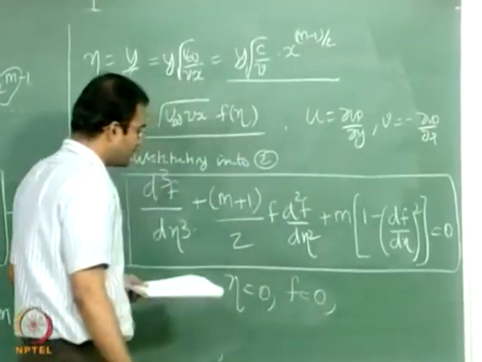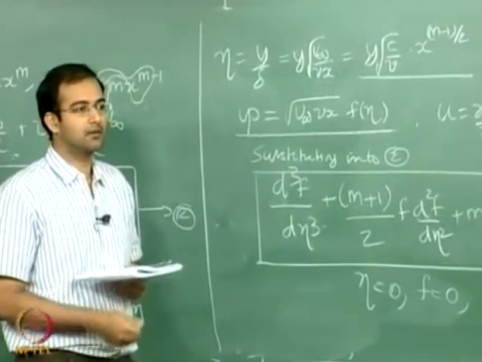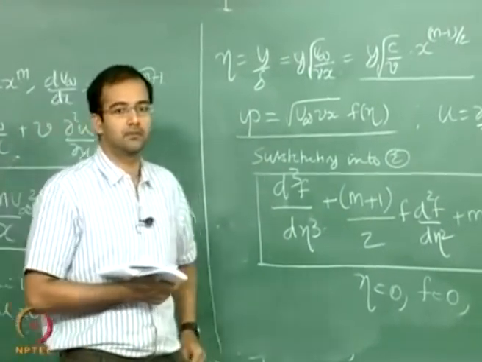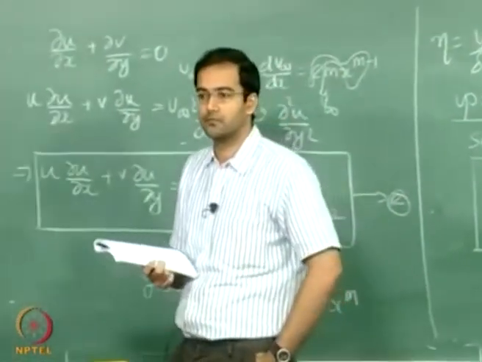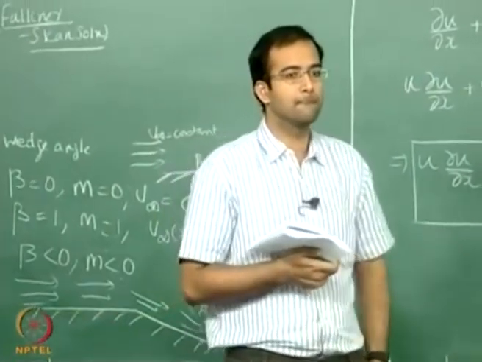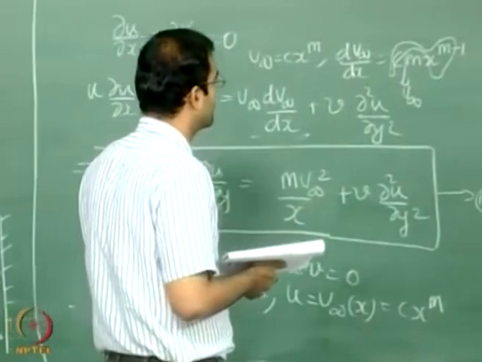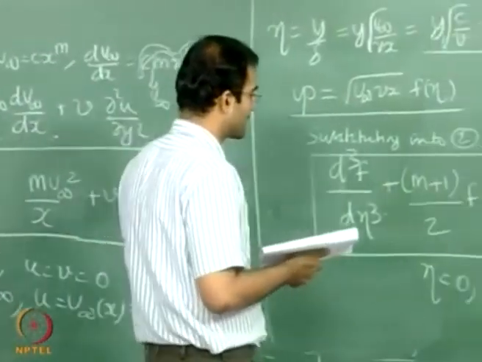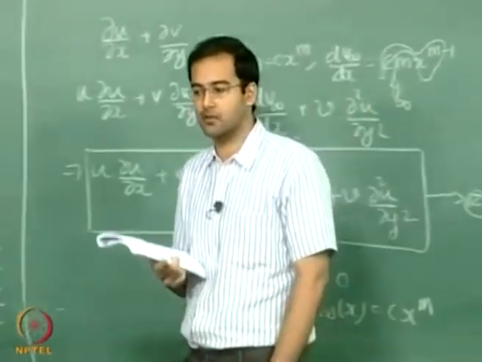Eta equal to 0, your f equal to 0. Why your f equal to 0? Which boundary condition does it satisfy? No slip, correct, but exactly which, whether does it correspond to u equal to 0 or v equal to 0?